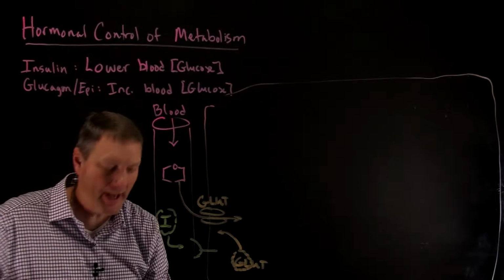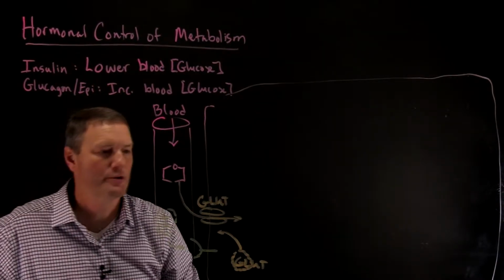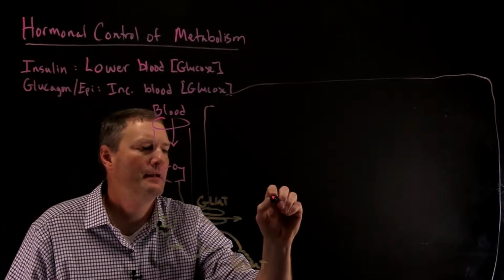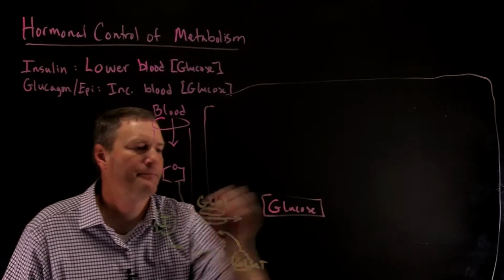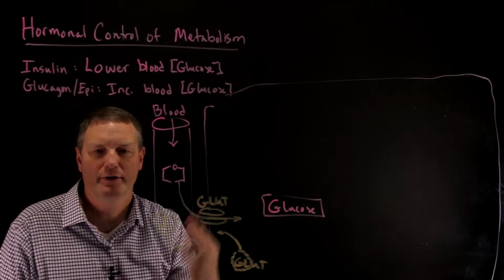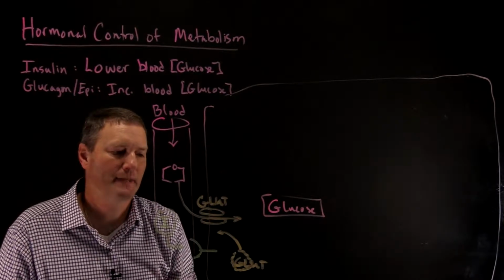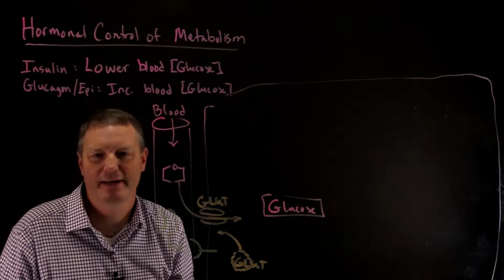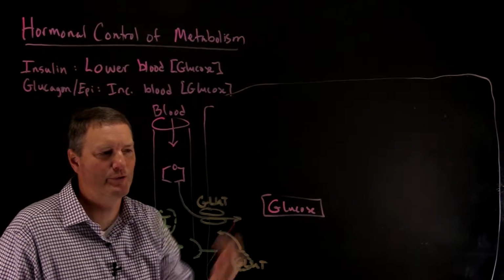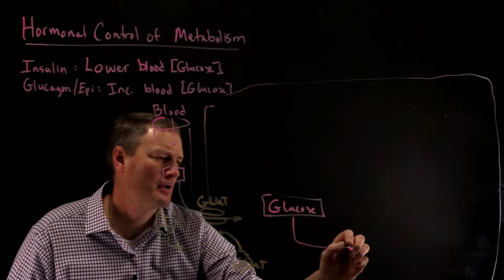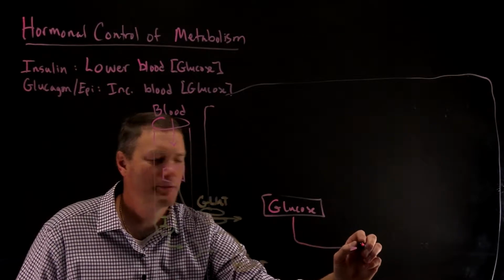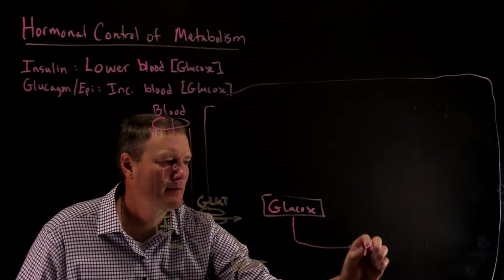So now we have glucose in the cell. And as we've talked about, glucose, once it's in the cell, tends to be trapped in the cell. Cells are very greedy when it comes to the fuel, glucose. So oftentimes, glucose is going to go through the process of glycolysis to give you pyruvate.